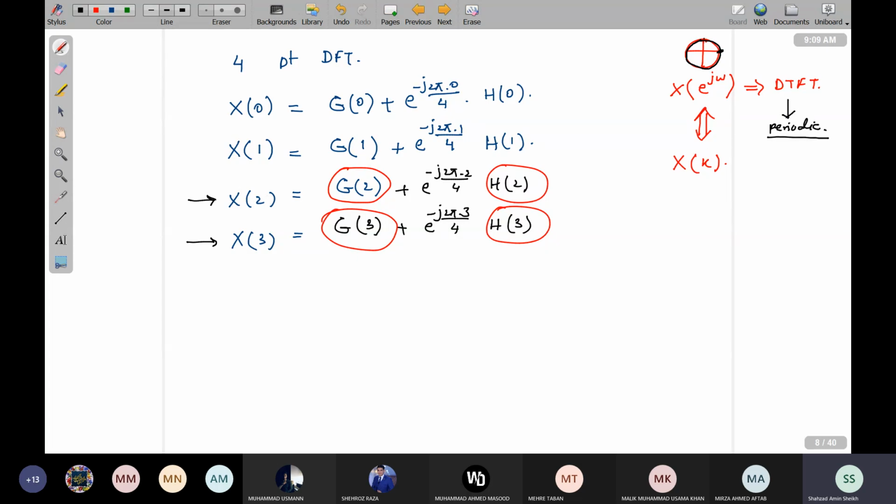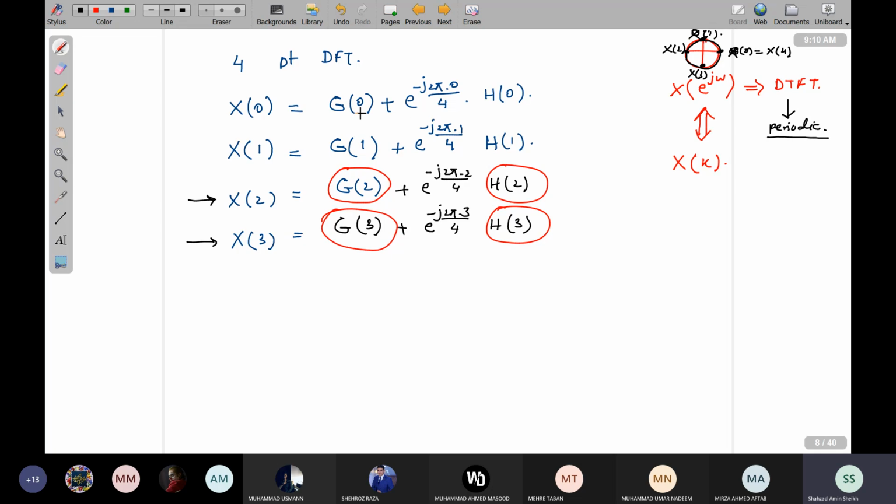तो क्या हो जाएगा? ये मेरे 4 सैंपल्स हैं। Suppose this is my GF0, इस केस में एक्स ही कह देते हैं कि कंफ्यूजन ना हो जाए। X of 1, X of 2, X of 3. So the next sample will be X of 4, that is equal to X of 0.